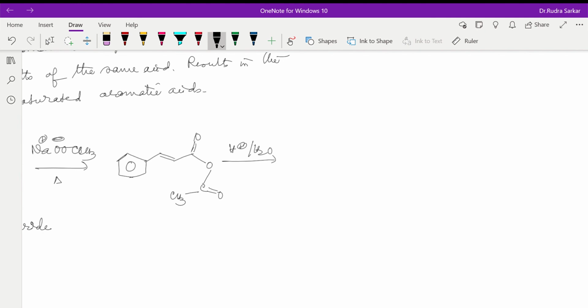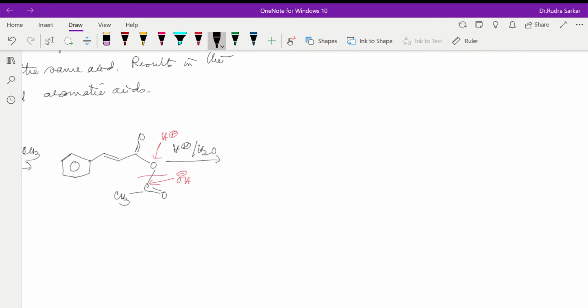So you disconnect here, add H plus here, and OH minus here. So your answer will be now this, called cinnamic acid. Along with that, you will get acetic acid.